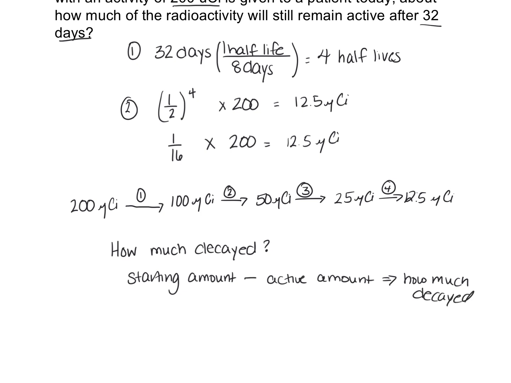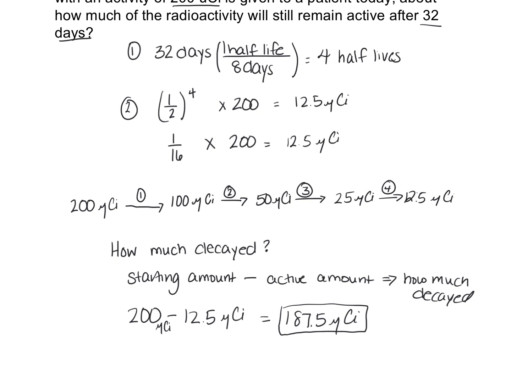So if I was asked how much decayed here, I would take 200 and subtract 12.5 microcuries. Let me write microcuries there so we're not missing any of our units. And we get 187.5 microcuries. And so we have 12.5 that are left, 187.5 microcuries have decayed.